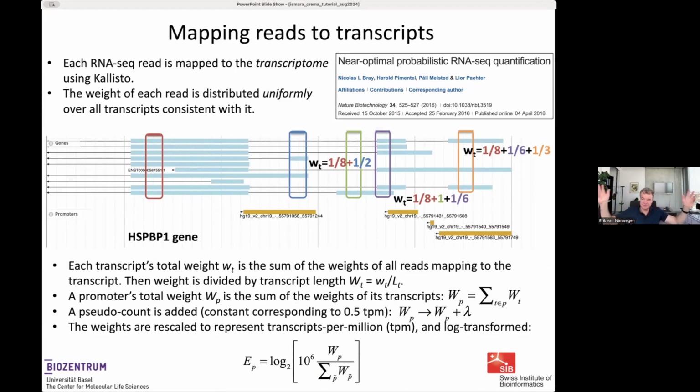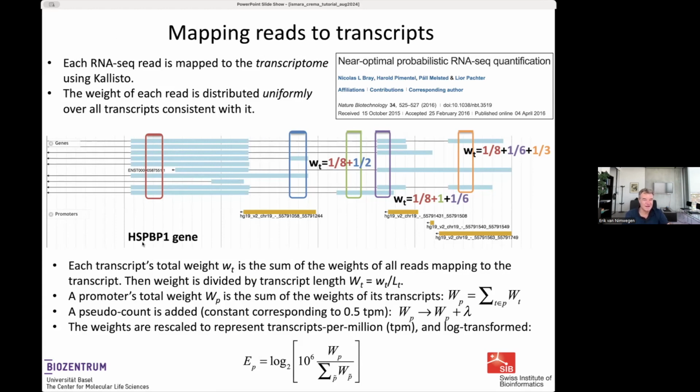So there's a set of transcripts and the reads are mapped to these transcripts. If a read maps to multiple transcripts, its weight of one read is equally distributed over all the transcripts that it maps to. I'm giving you here an example.